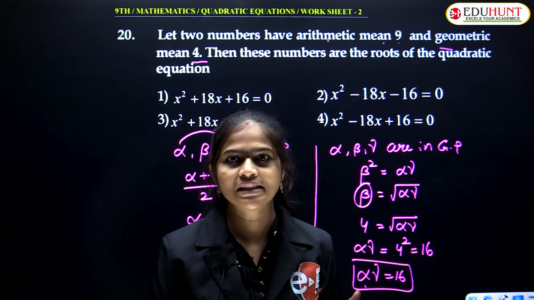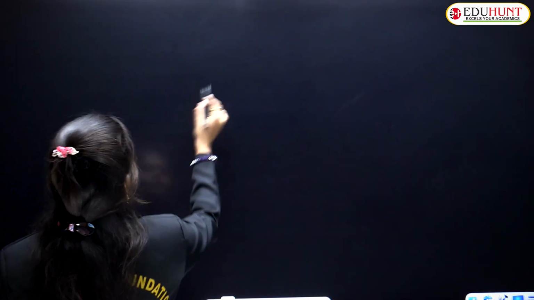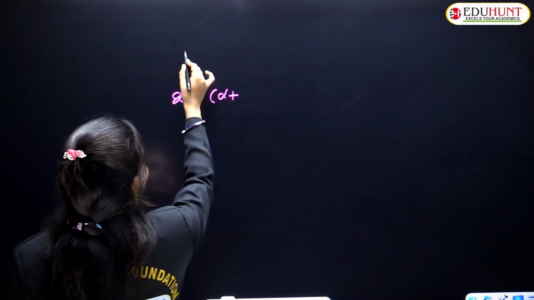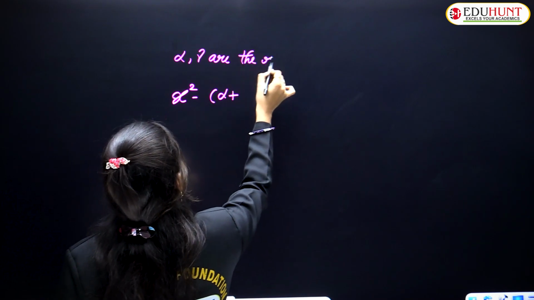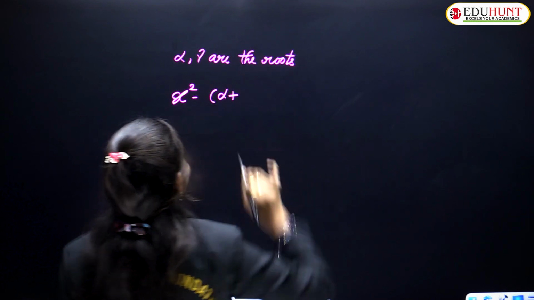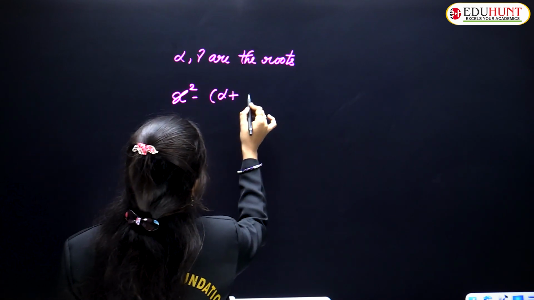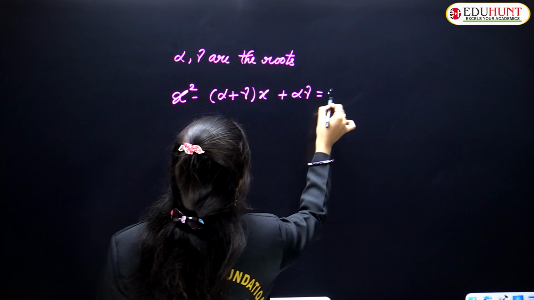Did you get my point? Yes. See here. Now alpha and gamma are the roots. So carefully, alpha and gamma are the roots I took here. So x square minus alpha plus gamma into x plus alpha gamma is equal to 0.